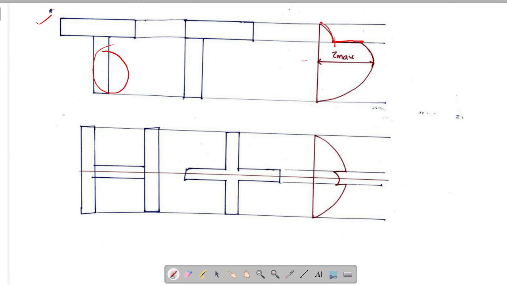Now let's see shear stress variation in case of H section and plus section. If we observe, this is similar to rectangular section, so shear stress variation will be a parabolic one.